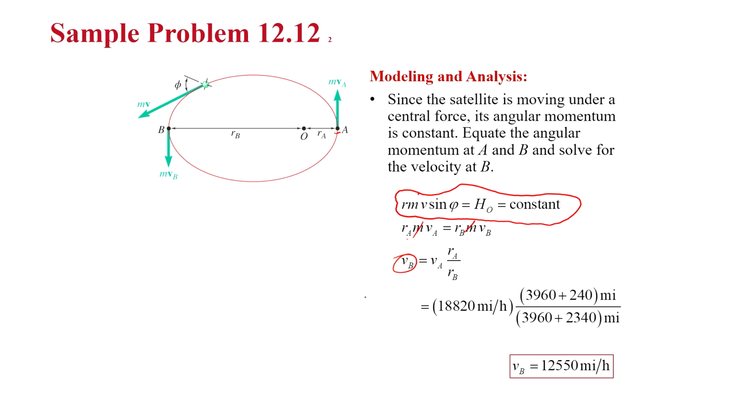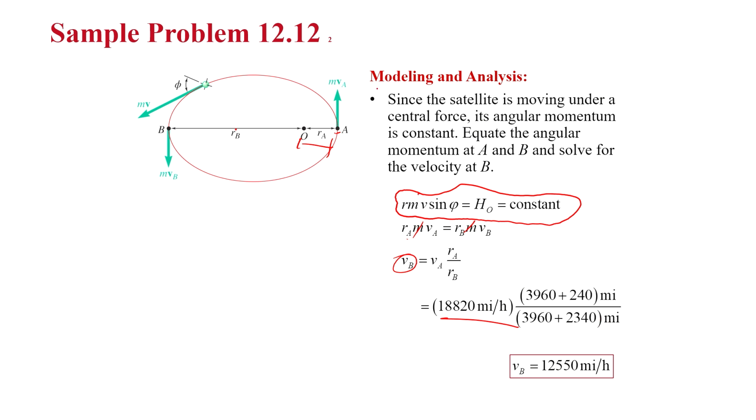Therefore, we simply have to solve for velocity v, and they give us every single aspect of it. So they're giving us the velocity, which is 18,820 miles per hour. The radius at A is 3,960 plus 240 miles, which is this distance. And at B, from O, it is 3,960 plus 2,340 miles, which is this distance, right?